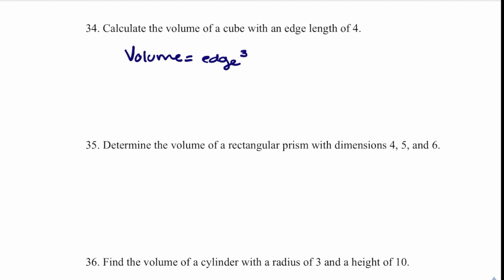So for this, we're going to plug in the edge is 4. So 4 cubed is what we want to find. In your calculator, you may be able to plug in 4 to the cube. If you are not, you will do 4 times 4 times 4. And you're going to get 64 cubic units.